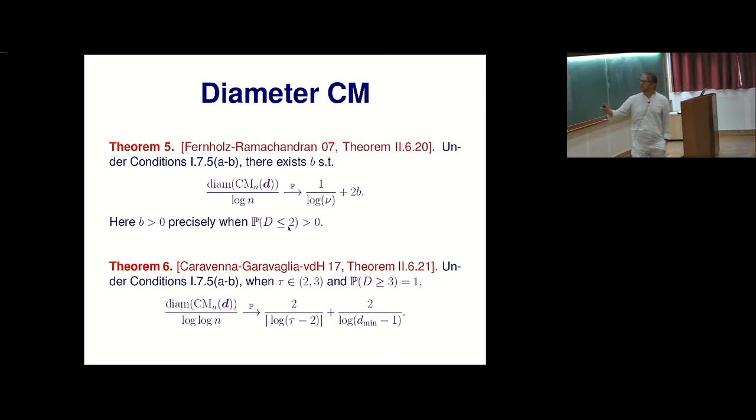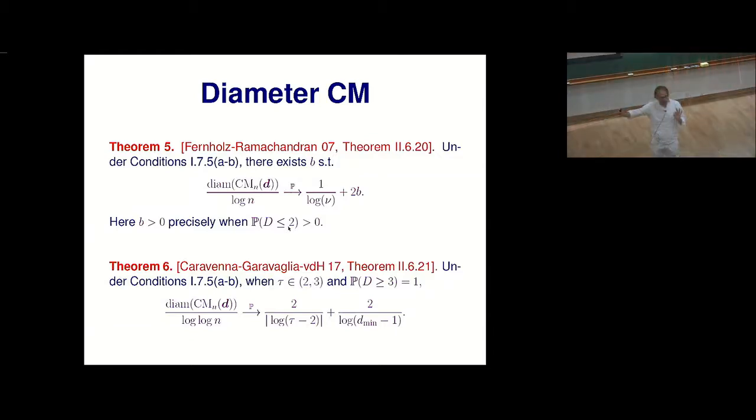Okay? And this is understandable because if you have a positive proportion of vertices of degree 2, you could actually pair many of them together in a long string. And because the degree is 2, you're going to have a path. There's nothing else there. And actually the distance between the starting point and the end point of this very long path is actually going to be, again, logarithmic.